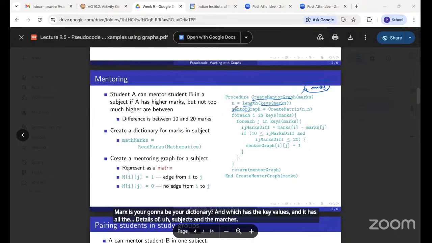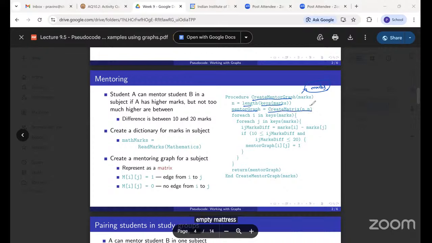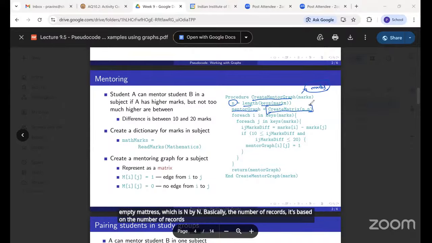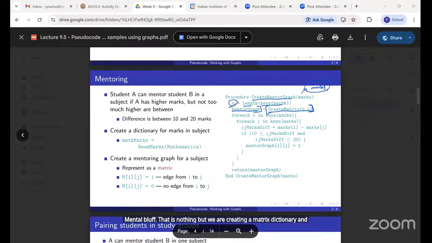And we are creating the matrices and assigning the empty matrix, which is n by n, basically the number of records in your marks dictionary. We are creating an n by n graph, that is nothing but creating a matrix dictionary and assigning it to the graph.